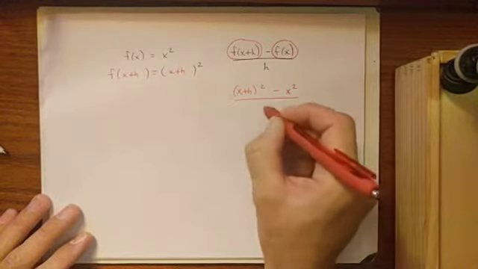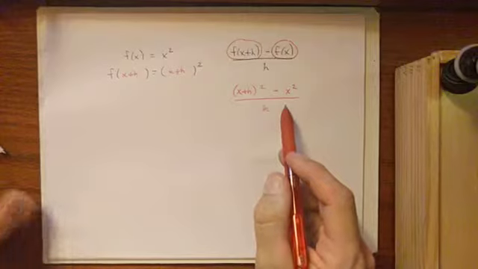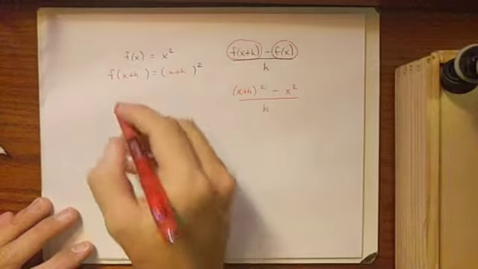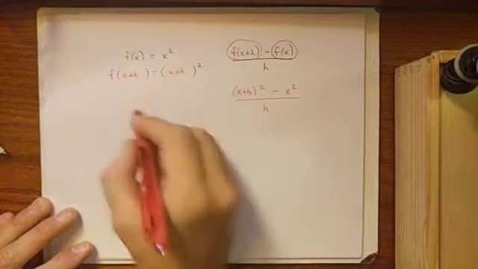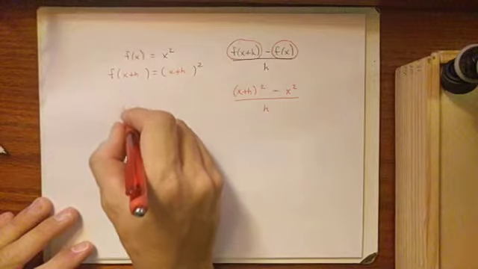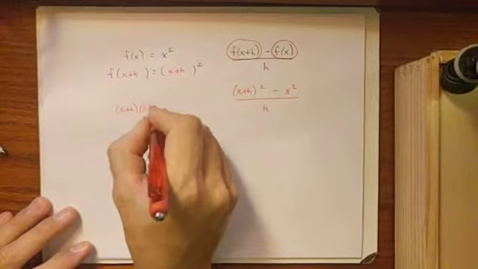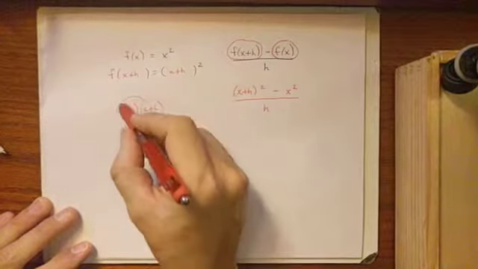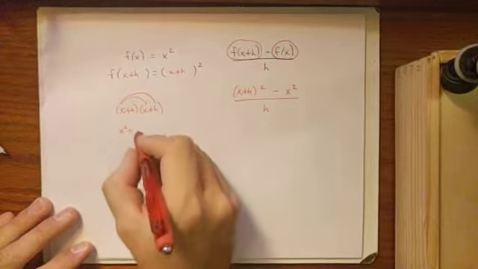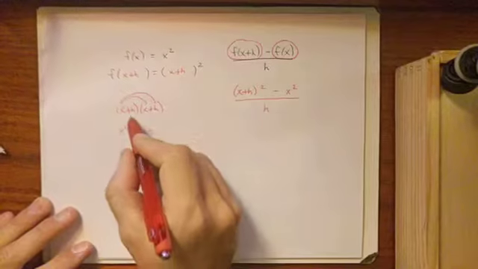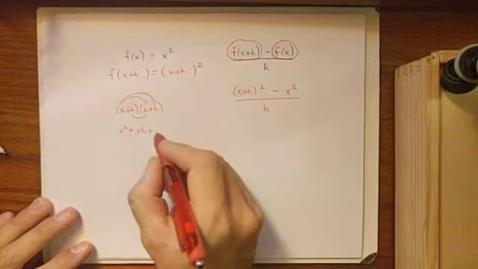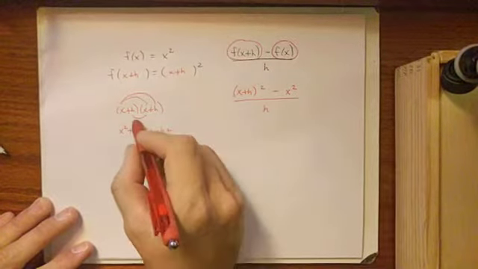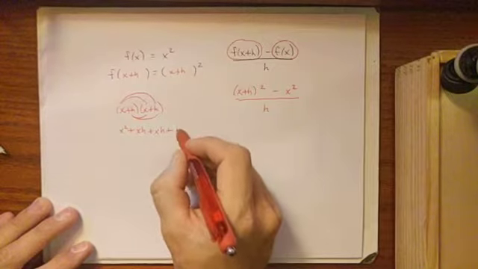Okay, and I have to divide that by h. So now what I have to do is work out the algebra. I have to multiply x plus h by itself. So I can do that using the distributive property, right? I get x squared plus x times h is xh, plus h times x, that's another xh, and then h times h is h squared.